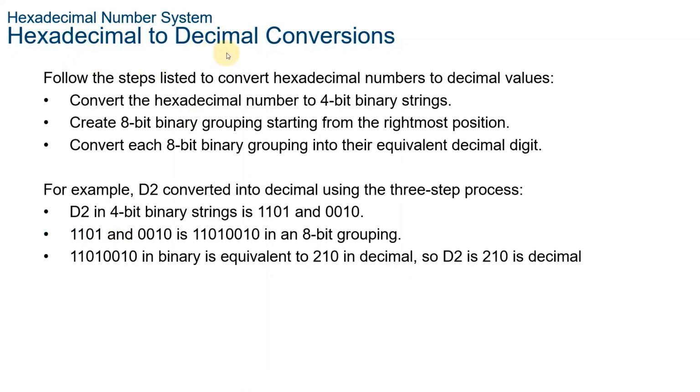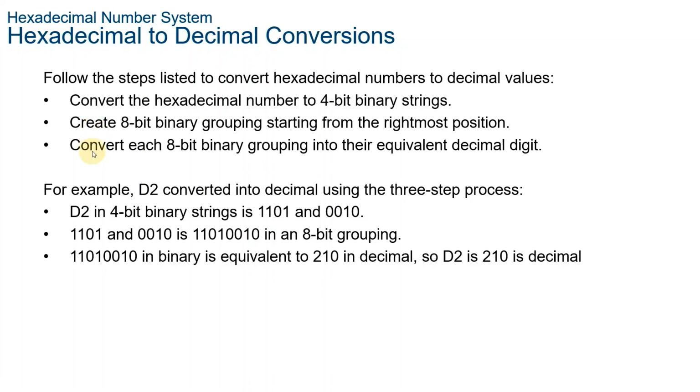Hexadecimal to decimal conversions. Converting hexadecimal numbers to decimal values is also straightforward. Follow the steps listed. First, convert the hexadecimal number to 4-bit binary strings. Second, create an 8-bit binary grouping starting from the rightmost position.